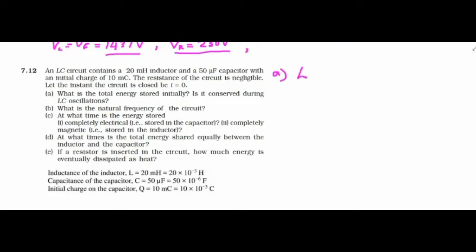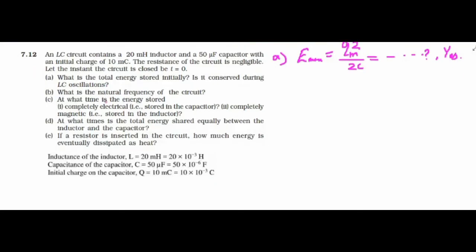Again, for total energy we have the formula E maximum is equal to Qm square divided by 2C. We can substitute the values and find the answer. Then, is it conserved during LC oscillation? In the ideal LC oscillation, energy is conserved.